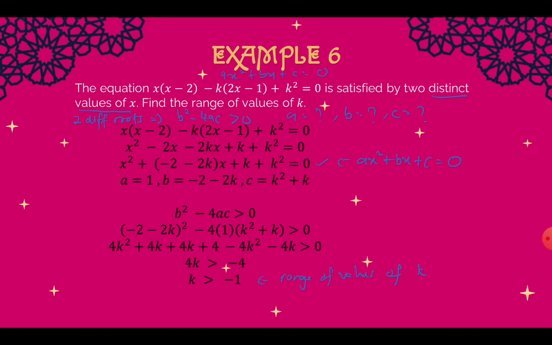From there we need to find a, b, and c. So we need to transform the equation into ax squared plus bx plus c equals 0. Only then, after we have the values of a, b, and c, can we substitute into the discriminant. All the examples have the same procedure. I hope you can understand.